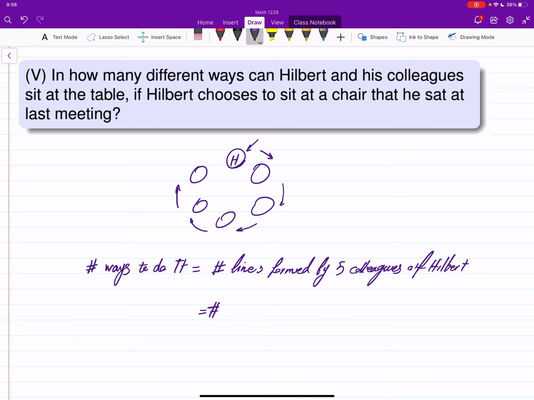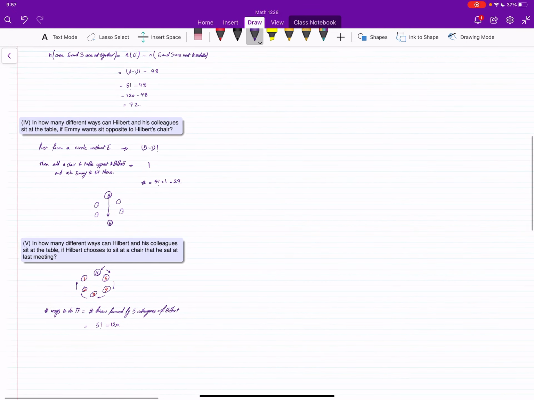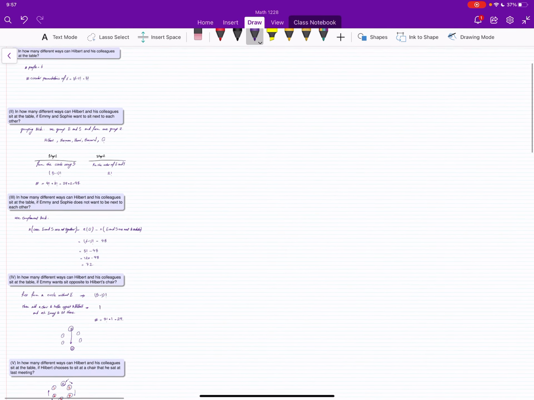If you fix Hilbert, there will be 5 possibilities for the next person on his left, then 4 for the next one, third, and 2 and 1. There's no symmetry here, there's no rotating. Hilbert is fixed, sitting in one place. So that means that we are dealing with 5 factorial, which is 120 cases. So these were examples of circular permutations, sitting at a meeting round table.